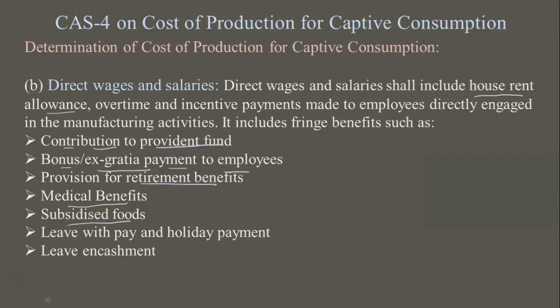Leave with pay and holiday payment, if we are giving any payment even on leave or holidays, then it is part of wages and salaries. Then leave encashment: we have provided them leaves, but if someone is not availing the leaves, we can encash those leaves. Okay guys, more simple.